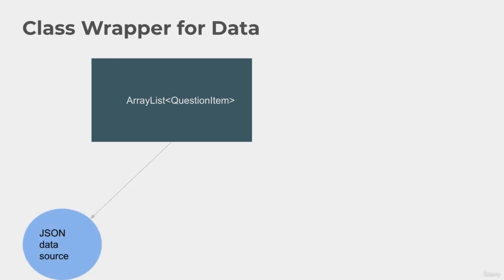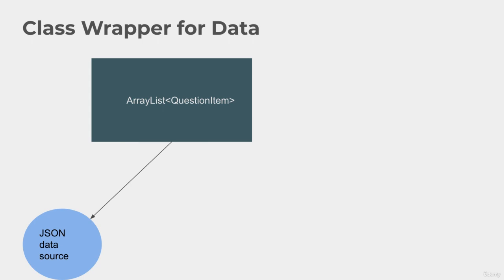That will be coming from a JSON data source. In this case, it's going to be an API somewhere remotely, or it could have been a JSON file internally inside of our app, or a database. It doesn't really matter, right? So we're getting that information, and of course we're expecting to get an array list of questions.